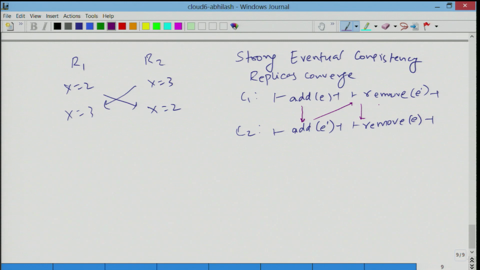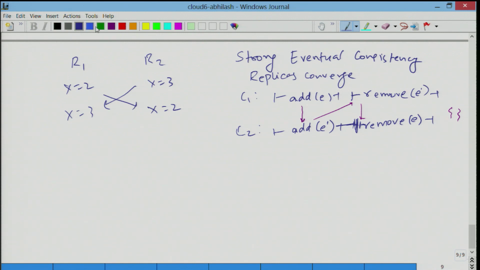If so, then the outcome is the empty set. Right, so this overlaps with that.